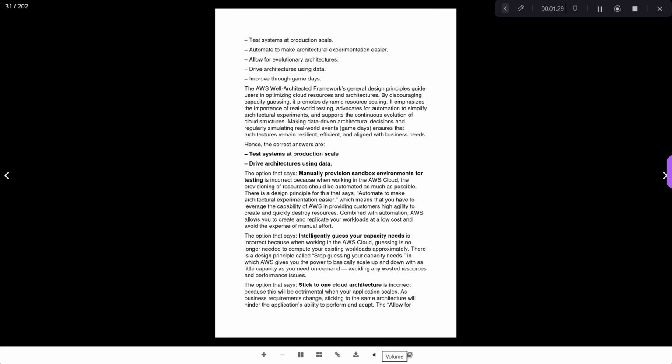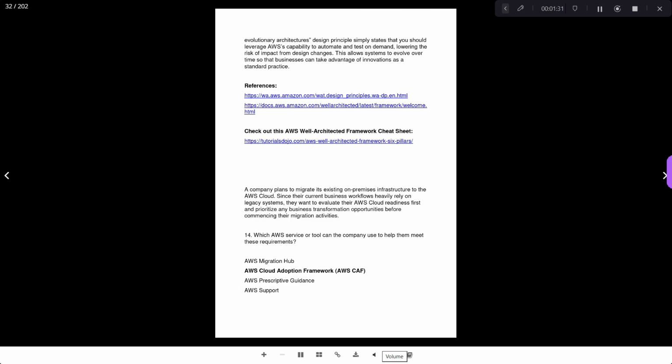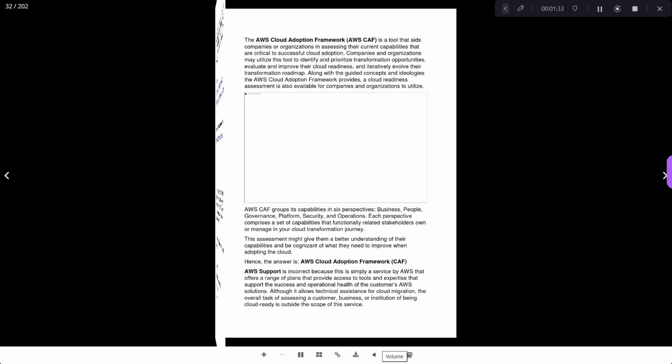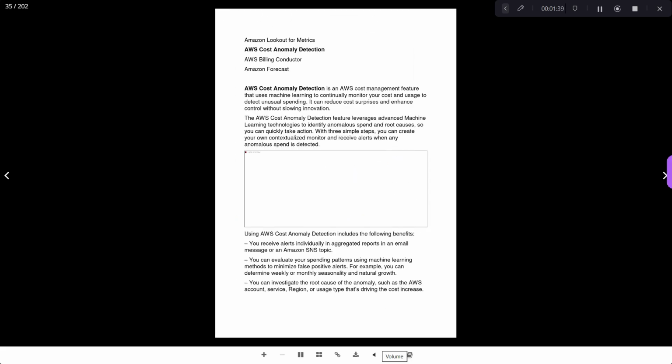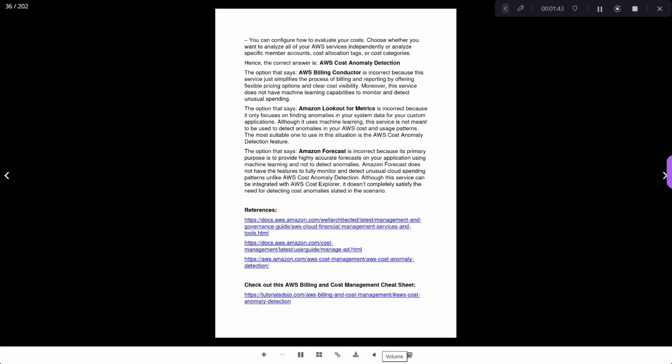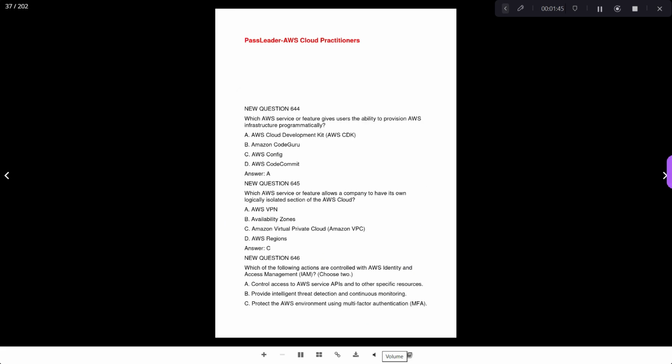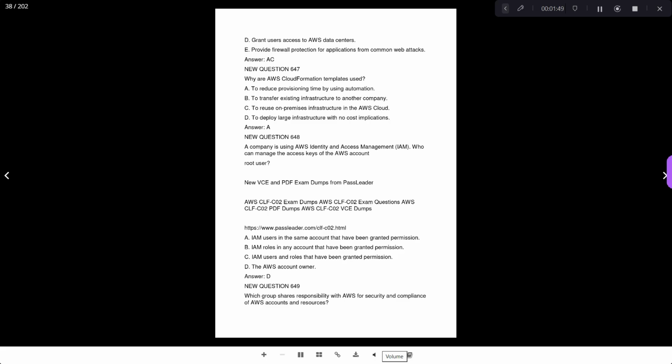Compute services. Amazon EC2 instance families, compute optimized, memory optimized, etc. Scaling, auto scaling groups, and cost optimization using Savings Plans and Reserved Instances. AWS Lambda and Fargate for serverless architectures and containerized workloads.